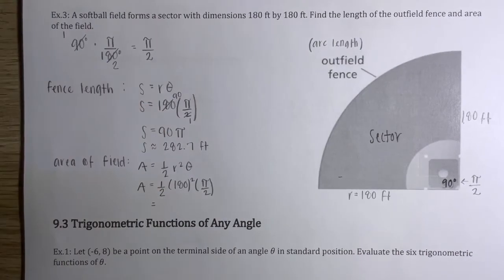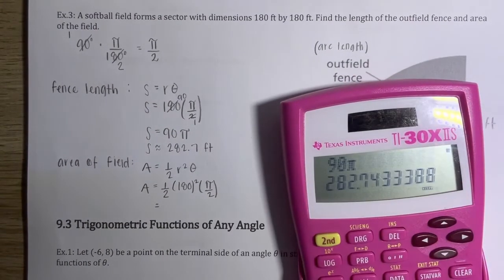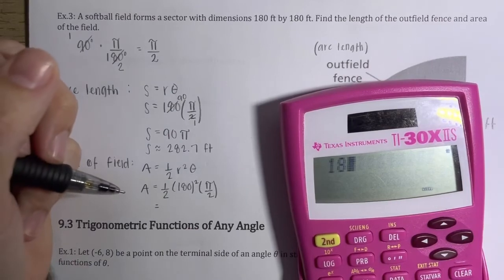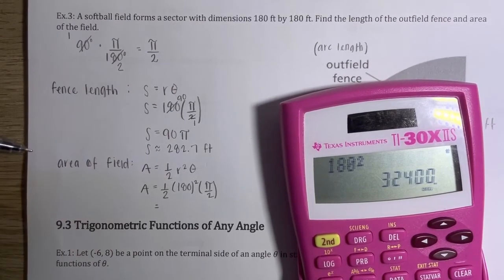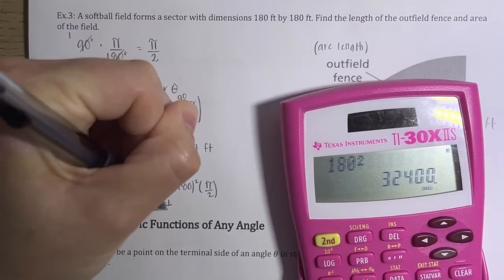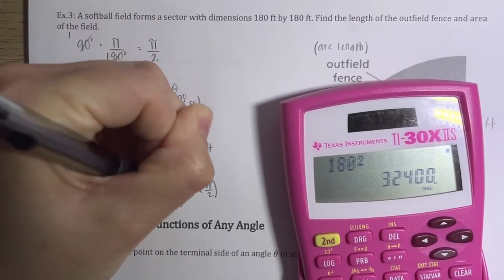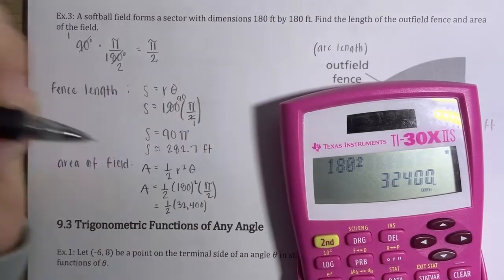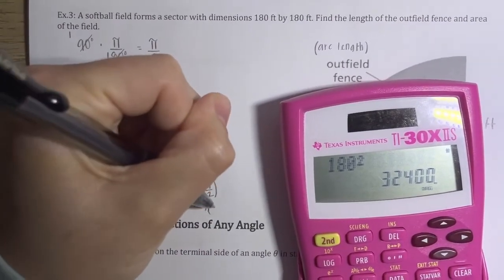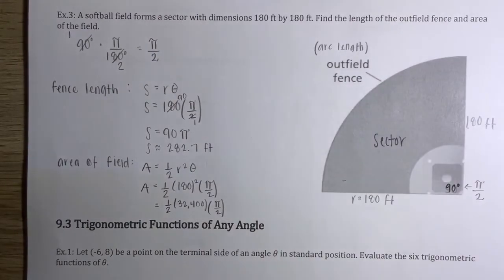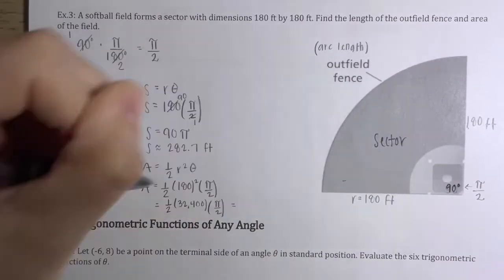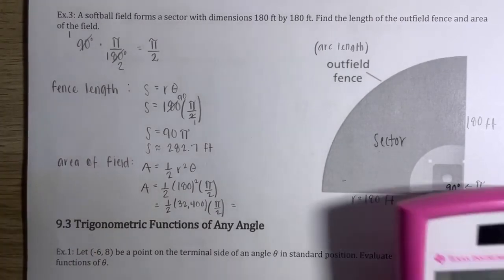And then first we've got to square the 180. So 180 squared is 32,400. So 1/2 times 32,400, and then times pi over 2. And multiplication is commutative, so you can multiply it in whatever order makes sense for you. I ran out of room vertically, so I'm going to go horizontally.